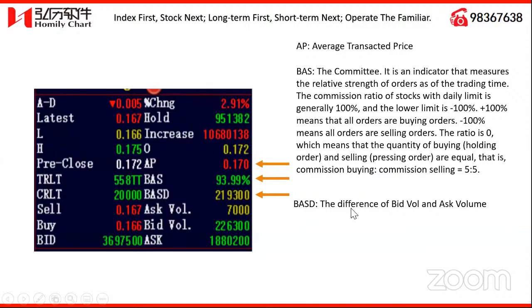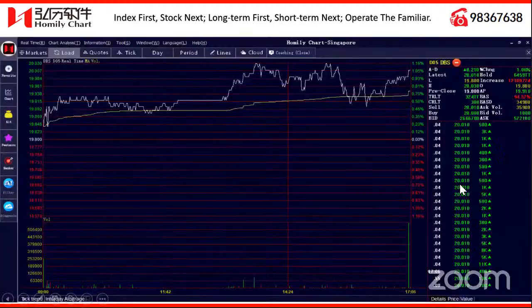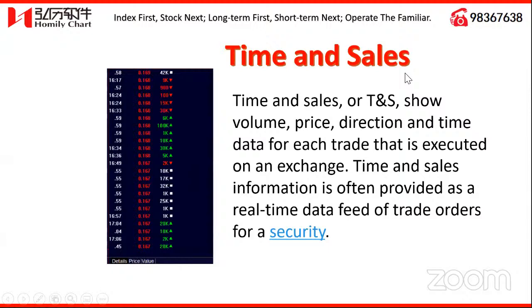And the bias is the difference of bid volume and ask volume. But I think the time and sales are the actual transacted volume, so this data is more reliable.